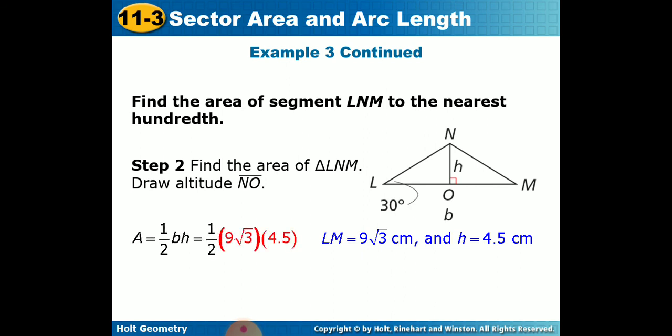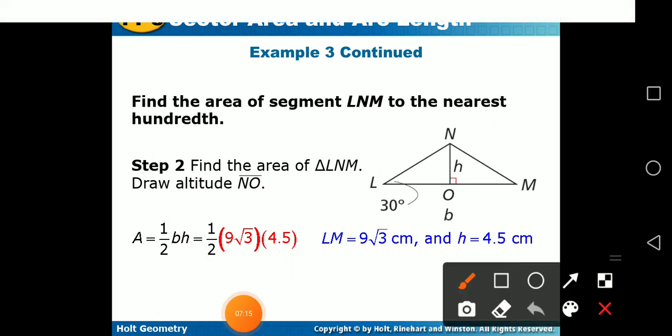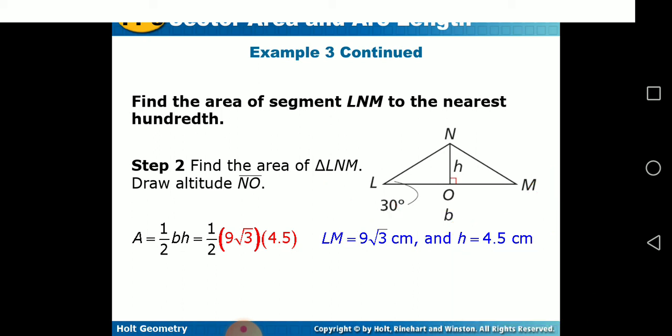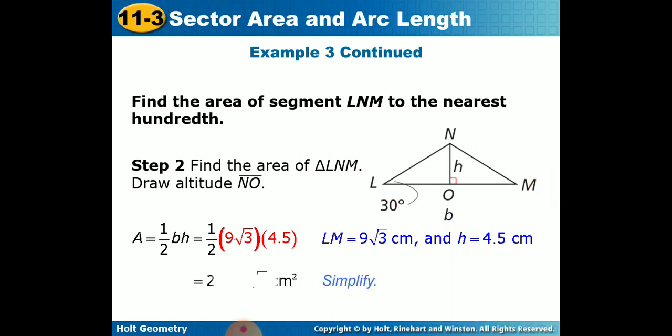Okay guys, so half base times height here equals what? I got half of the base, which is LM, that I just calculated, and I will give you this as a given. And the height too, I will give it to you as a given. Half base times height, then simplify.